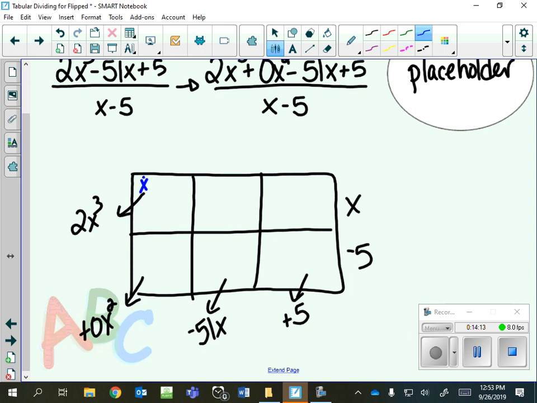Always starting top left. 2x cubed. Up top, I get a 2x squared because 2x squared times x gives me this 2x to the third. From here, I'm going to continue filling it in, but I'm going to do it silently. If you have a question, call me over and I can explain it to you.